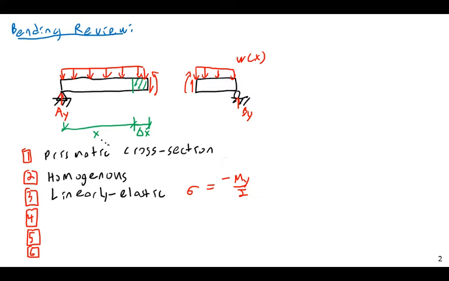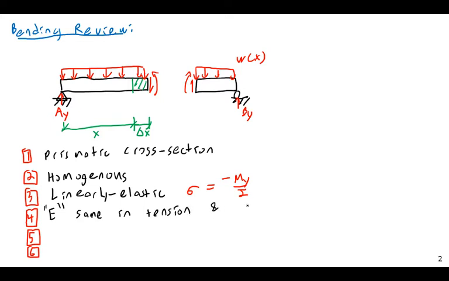Although we have already seen in the previous lecture how to handle linearly elastic materials beyond their elastic range using the elastic-plastic assumption. We're assuming that E, the modulus of elasticity, is the same in tension and compression, which isn't necessarily true for certain materials.